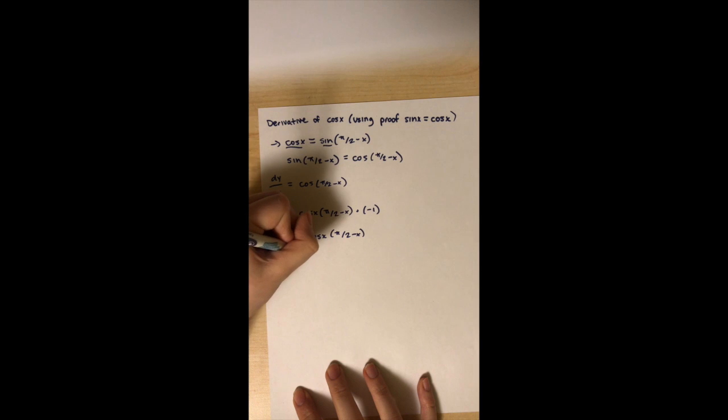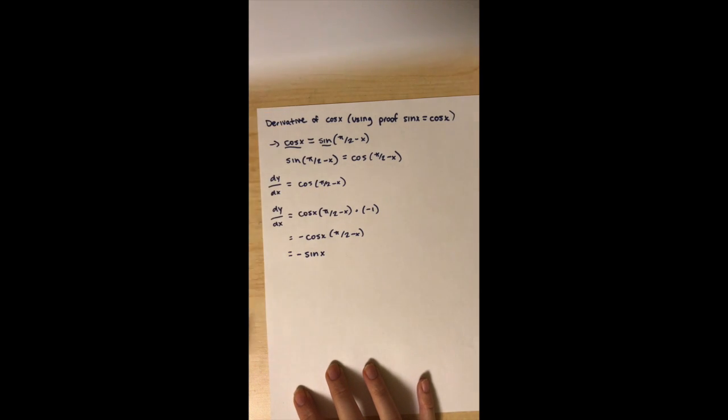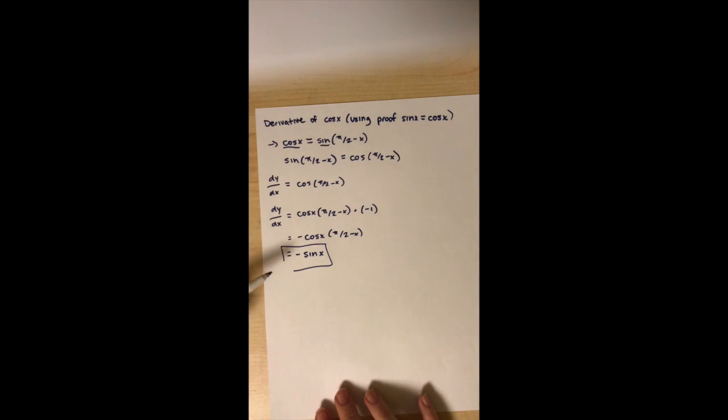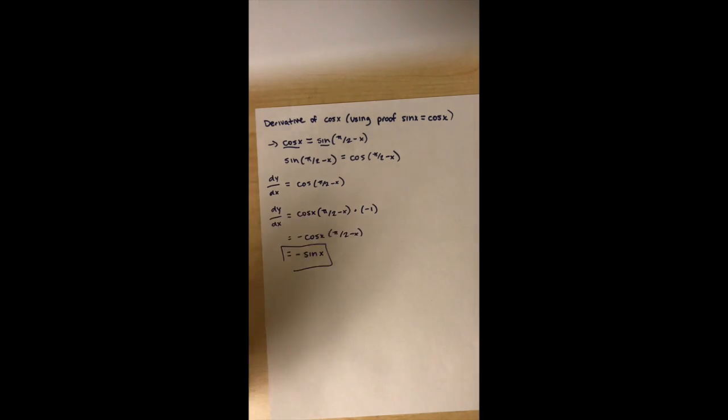So we are left with negative sine x, and therefore we can see that the derivative of cos x is negative sine x.